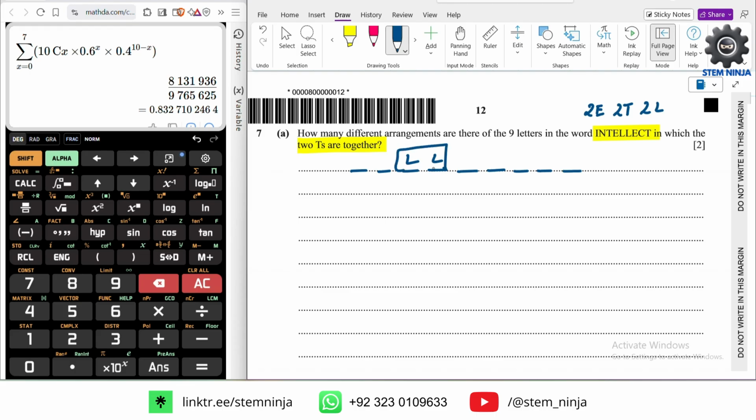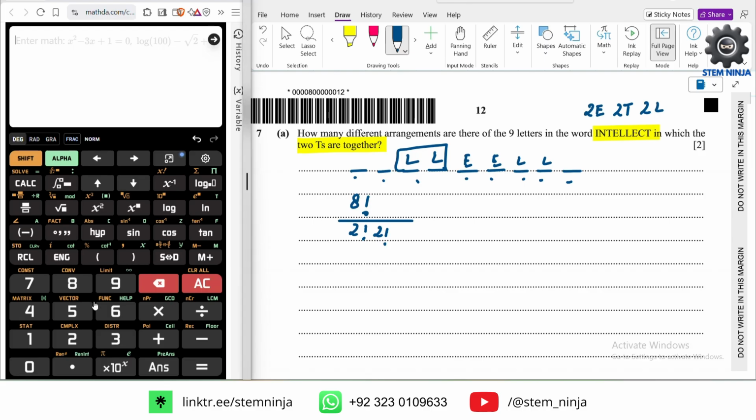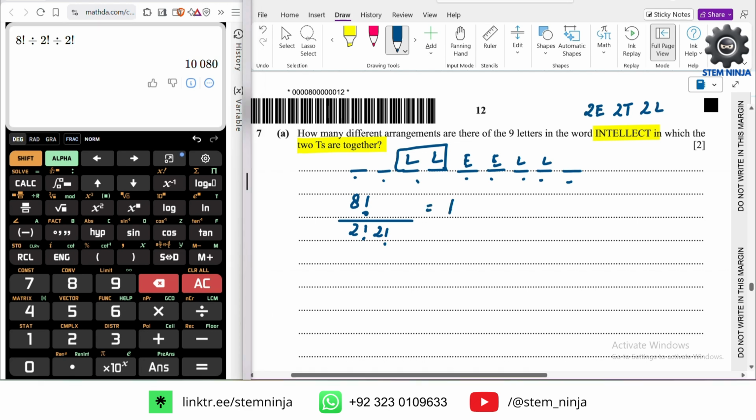That means we are going to consider them as one group, and we don't need to take care of the arrangements inside the group. But we still have 2 E's and 2 L's. So we have how many units? 8 factorial divided by 2 factorial, 2 factorial. Remember, we just need 2 for 2 E's. So 8 factorial divided by 2 factorial divided by 2 factorial. So this is 10,080.